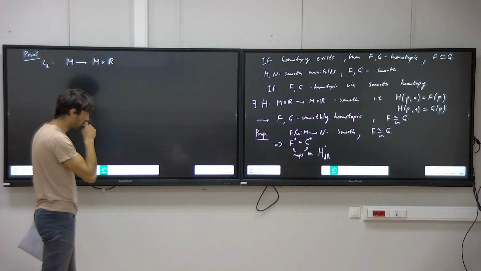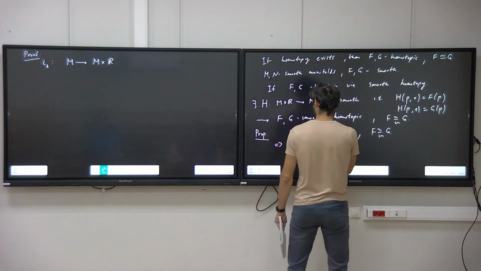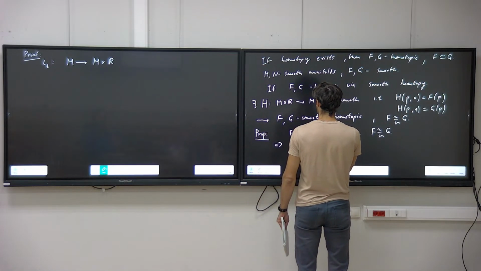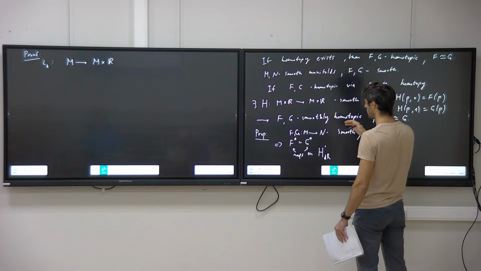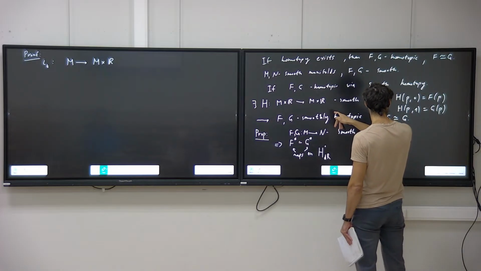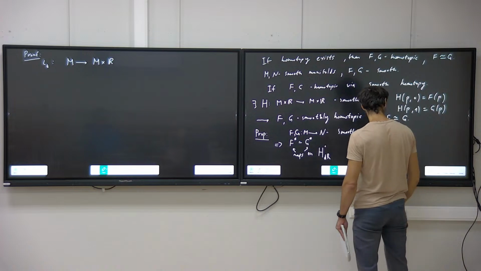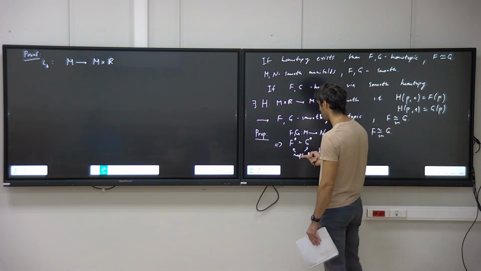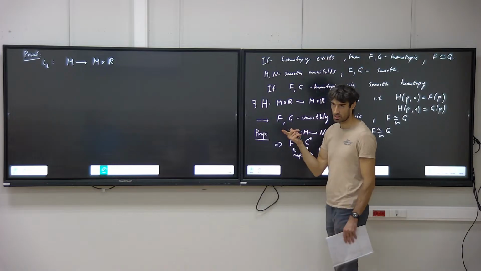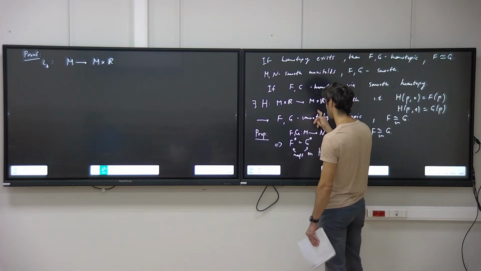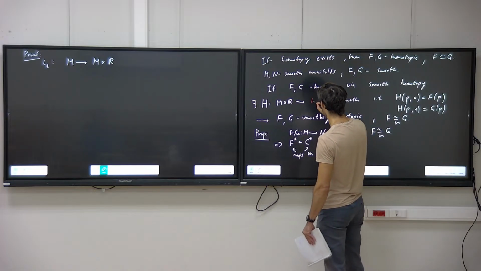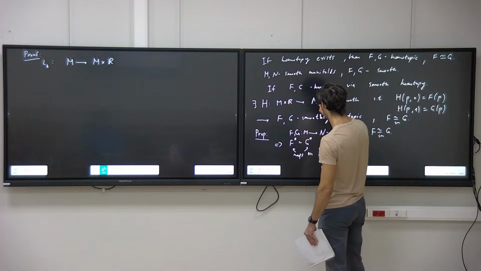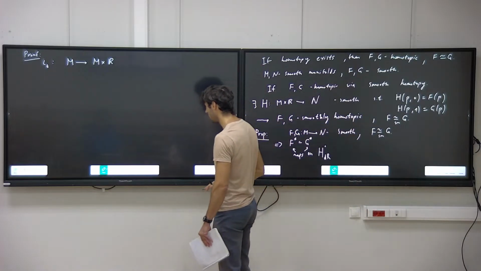Yeah, by the way, here something is not really right. This should be to where? My f is from M to N, and g is from M to N. So here I should write N. So this is one thing. Let's correct it, and here as well.